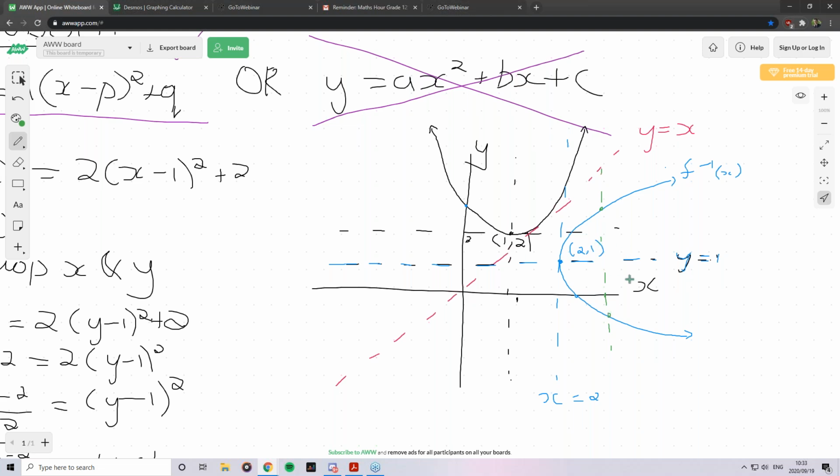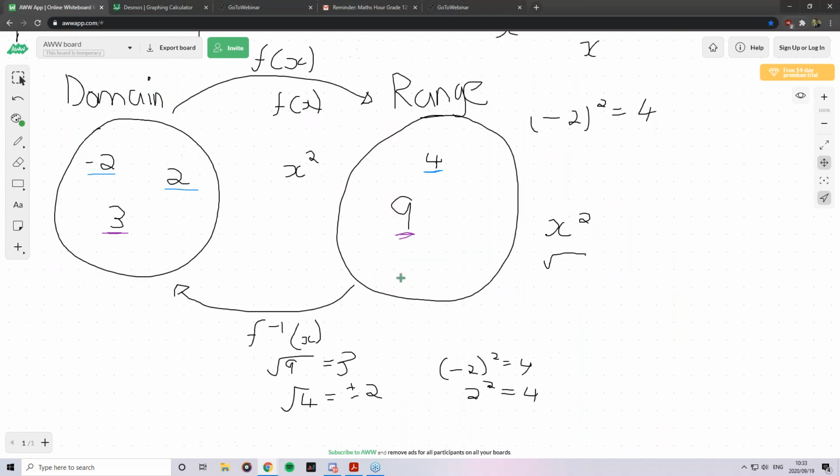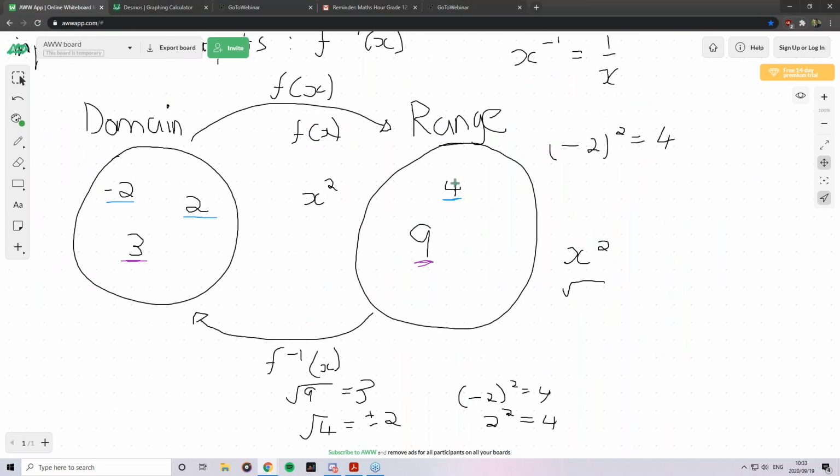And this doesn't work for functions. We don't want this. This is our same issue as earlier, where we said the input of the inverse gave us two values. Remember, if we go back here, we saw that when we square rooted in 4, this happened, right? In reality, this is also plus minus 3.